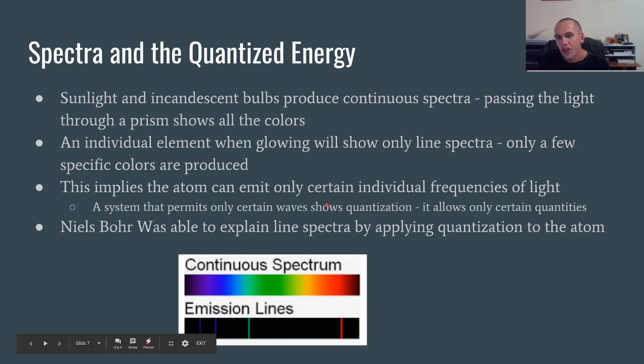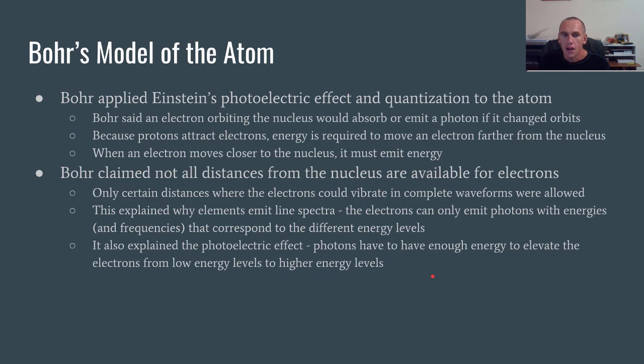That means that electrons can only exist in certain places, and they can move between those places, emitting only certain colors. This was Niels Bohr's idea, and he was able to explain this line spectrum by applying quantization to the atom. It also helped sort of explain the photoelectric effect. Bohr said that the electrons are orbiting the nucleus because protons and electrons are attracted to each other.